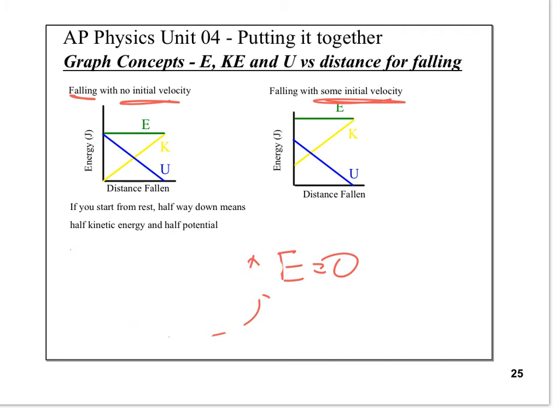Because we don't have any change in total energy, no matter how far we fall, our total energy has to remain the exact same. So as we fall, we end up losing potential energy. As we get closer to the Earth, that mgh equation, we get less and less height.